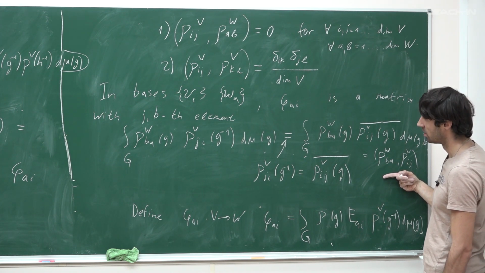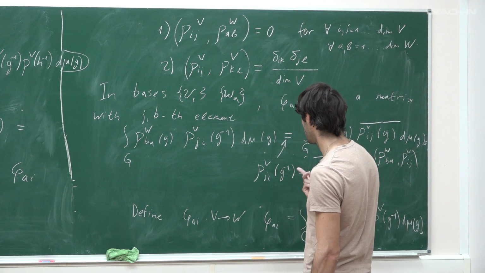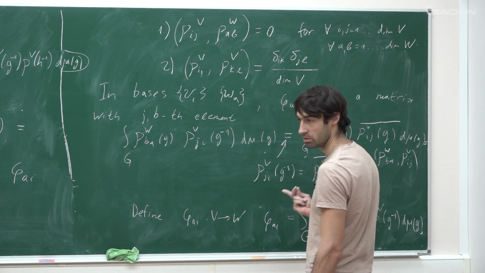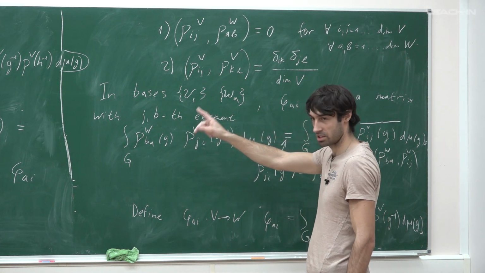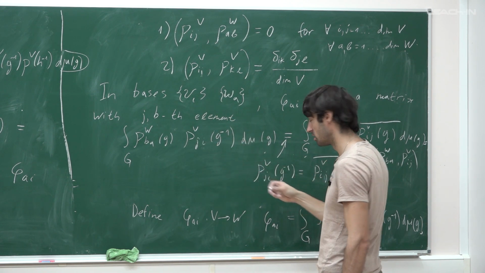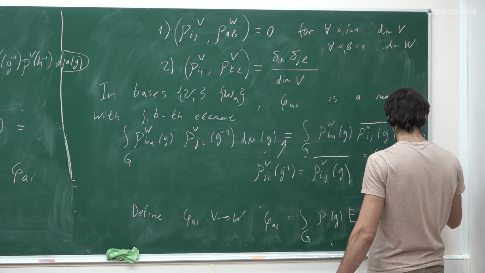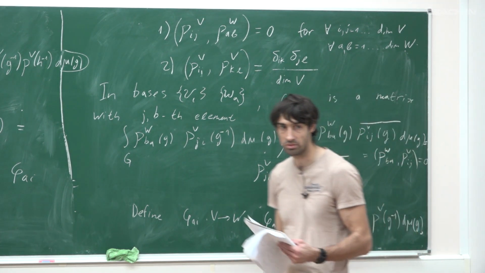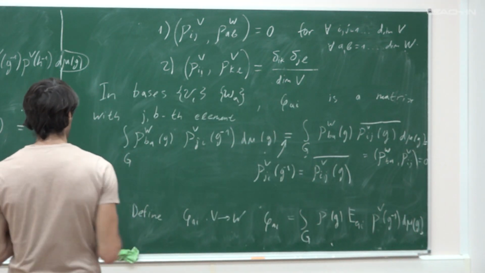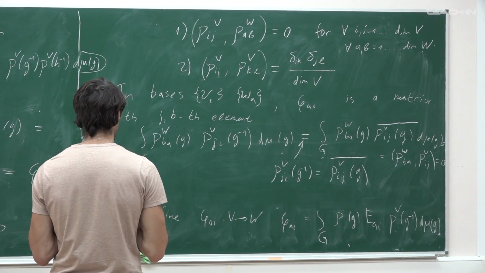But we know that phi_{a,i} is 0. So therefore, all elements of this matrix are 0. So therefore, this is 0. And we proved 1.